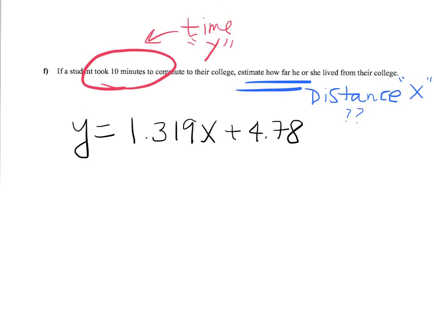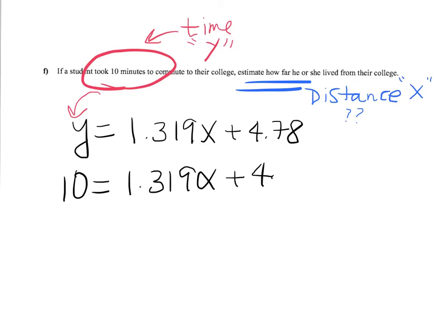Now, because they gave you y, you're going to let y equal 10, because that's the value they gave us. You need to solve for x. So isolate your x by moving that 4.78 to the other side.